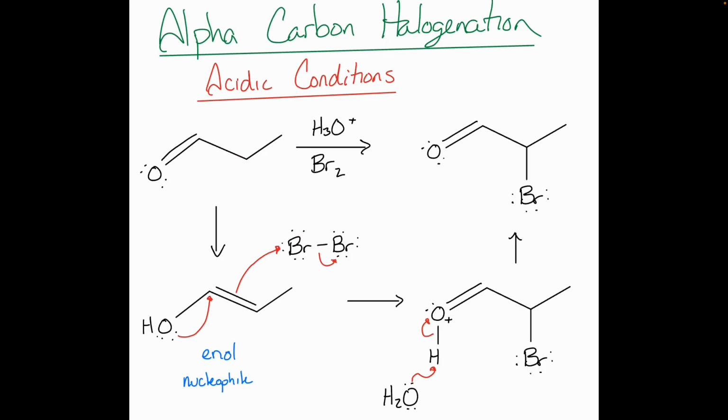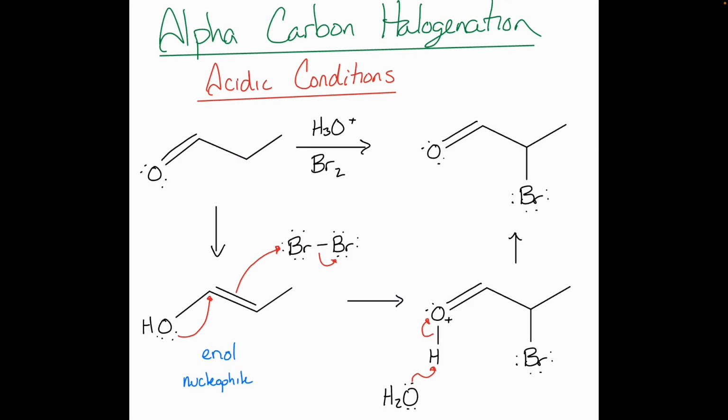Okay, so again, these alpha carbons can play the role of nucleophiles under basic conditions because we can deprotonate them, but they can also play the role of nucleophiles under acidic conditions because of this keto-enol tautomerization, right?